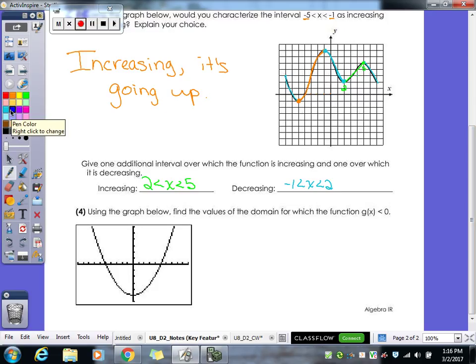Then our last one, using the graph below, find the values of the domain for which the function g of x is less than 0. Again, let's change that to y because it just makes it a little easier. We're looking for when y is less than 0. So that's this part of the graph down here.